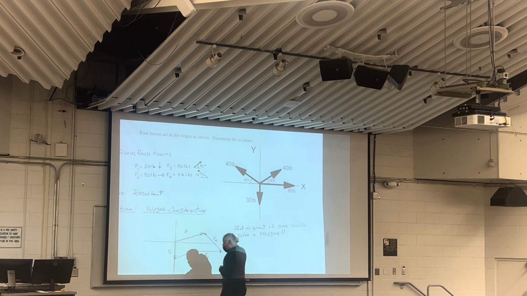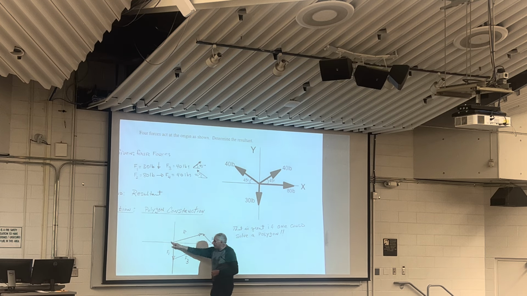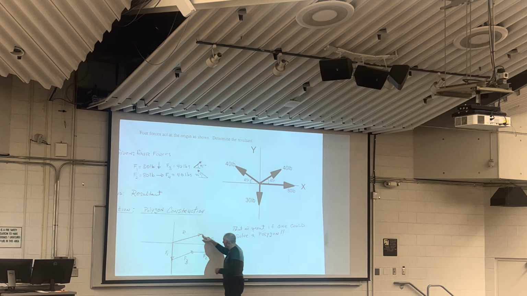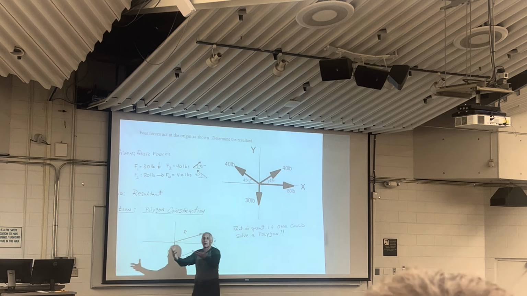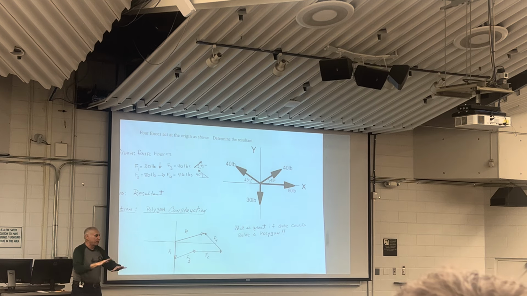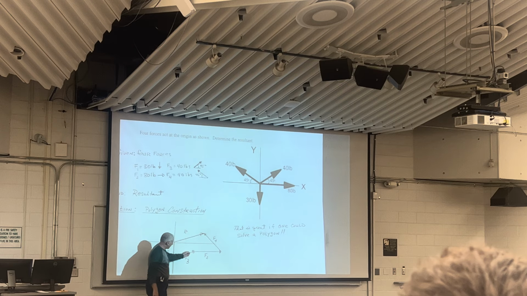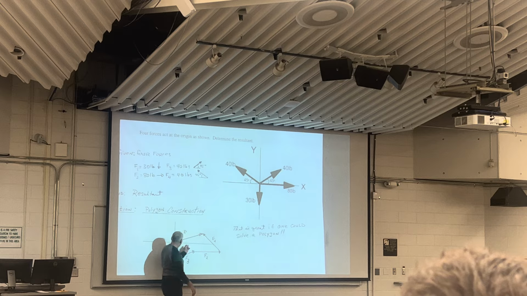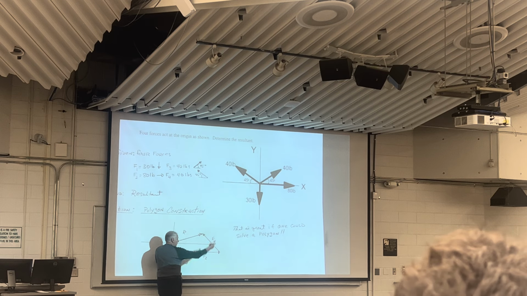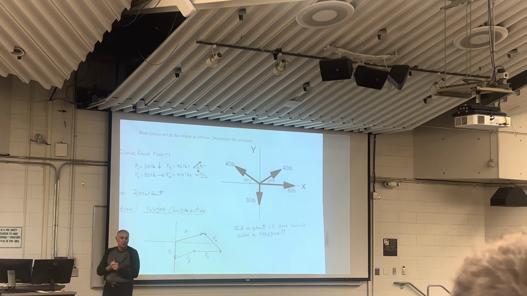What did I do here? I'm going to add F1, F3, F2, F4, and from the tail of the first to the head of the last, I'm going to write my result. It doesn't matter what order you put them in, I just happen to put them in this order. Boom, there's my result.